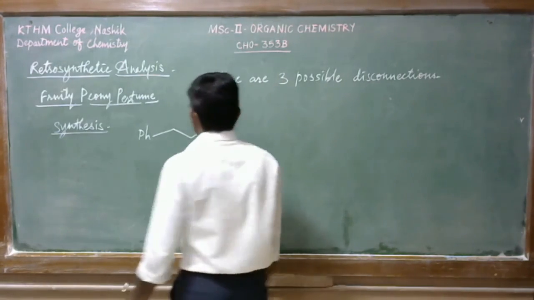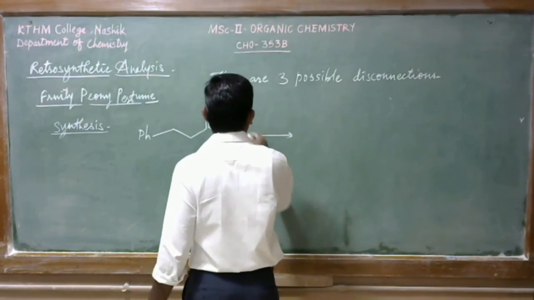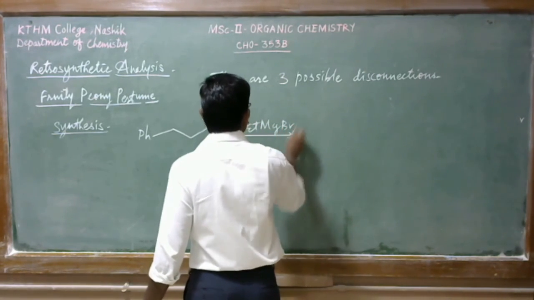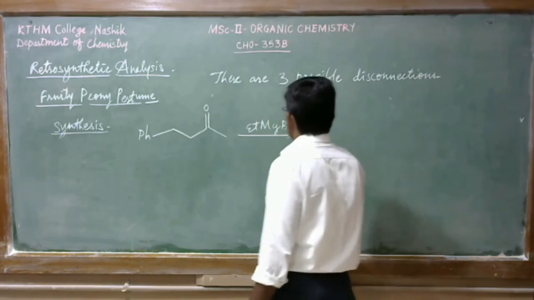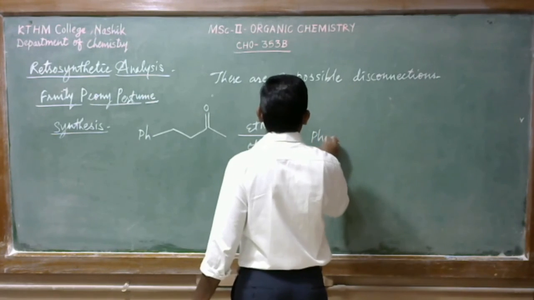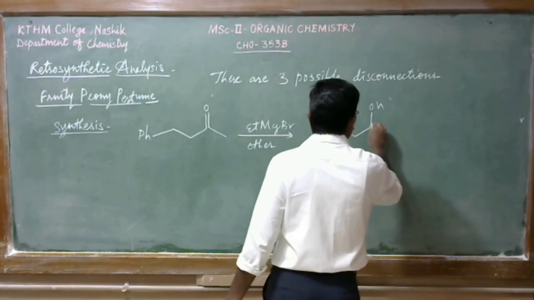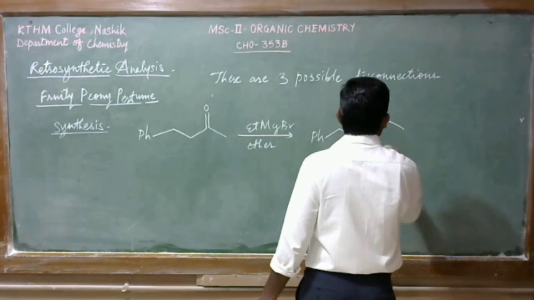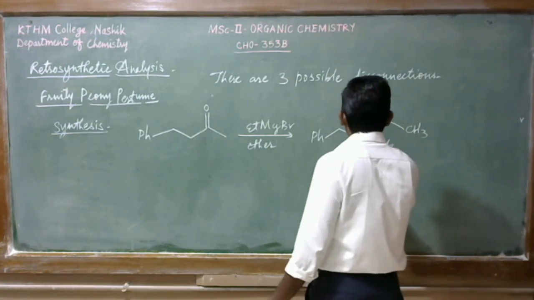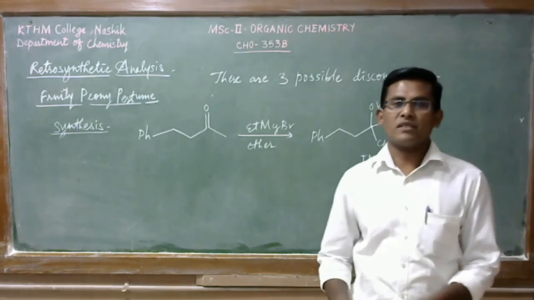Okay. When you treat this ketone with ethyl magnesium bromide in ether, we can get this tertiary alcohol.